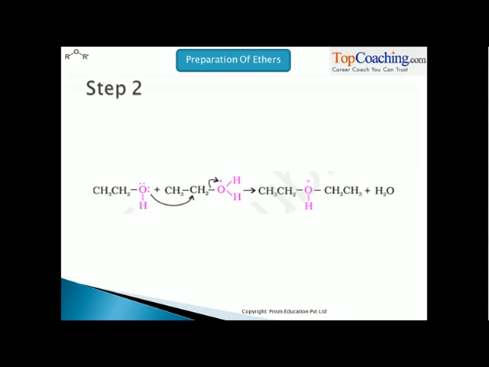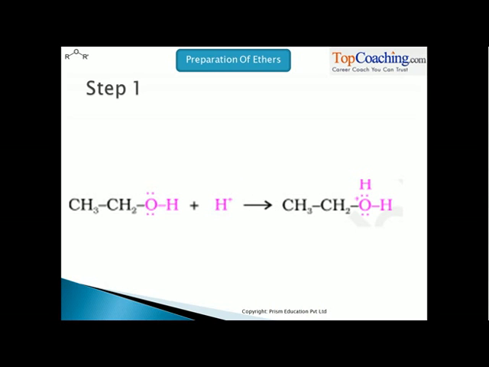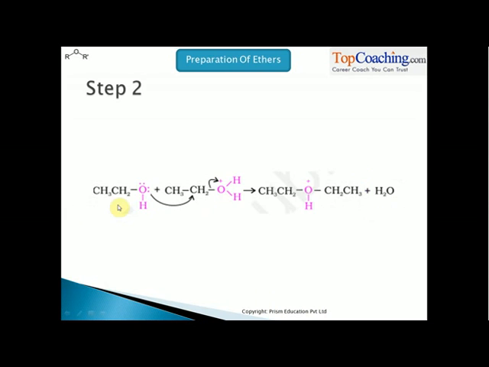In step 2, what happens? We had this alcohol, the original reactant, and the protonated alcohol. So this water molecule goes off, this bond breaks, and that is why it is called dehydration of alcohols. The oxygen over here forms a bond with this ethyl group, and we get nothing but the ether.